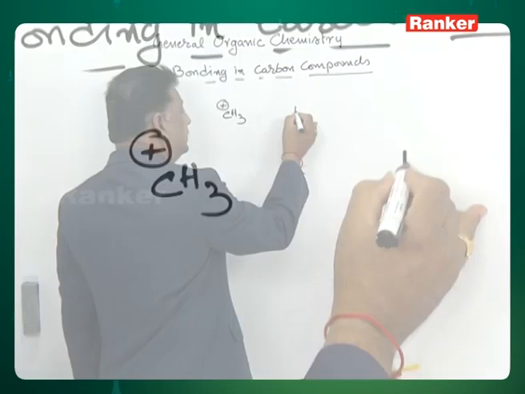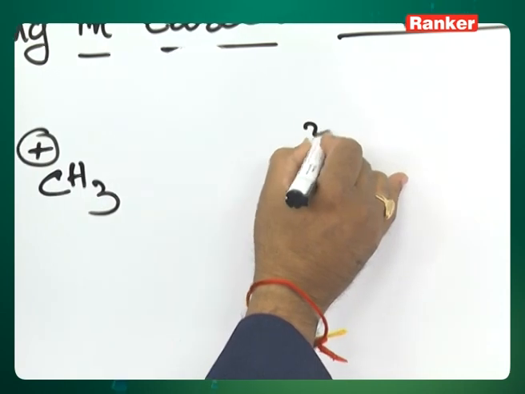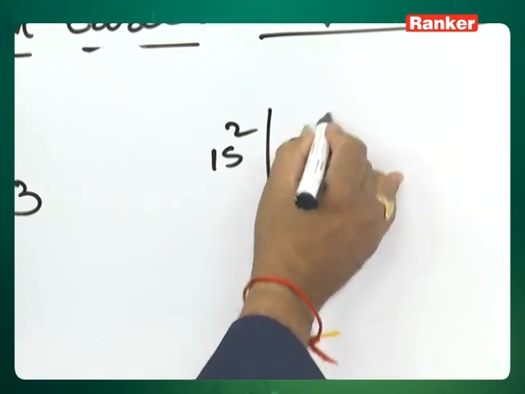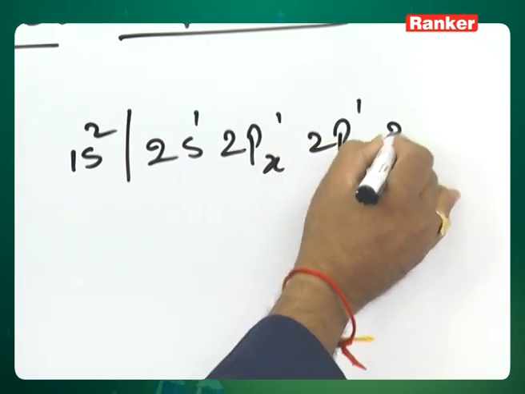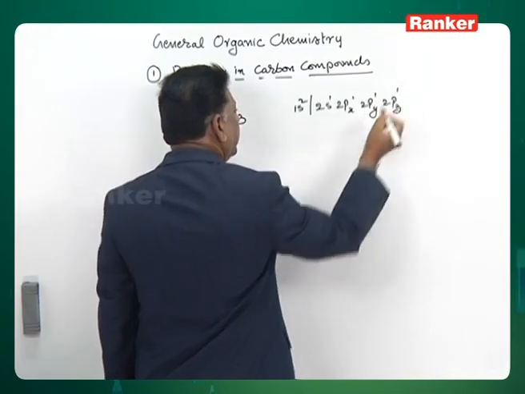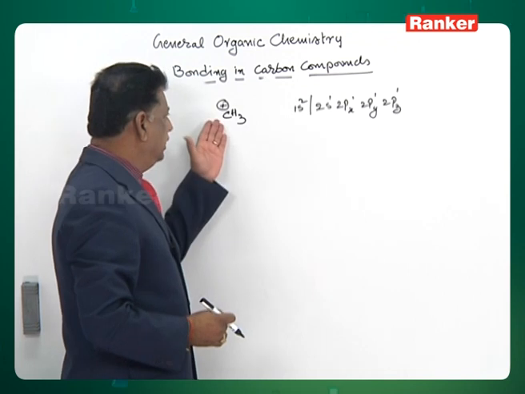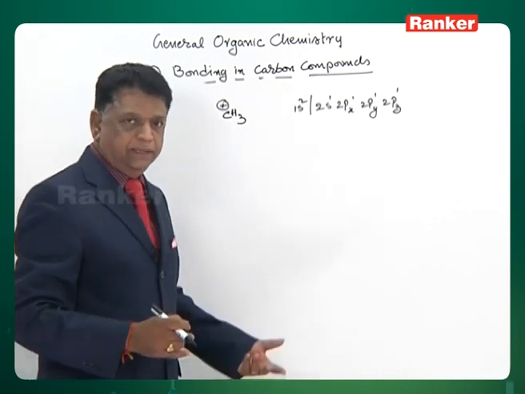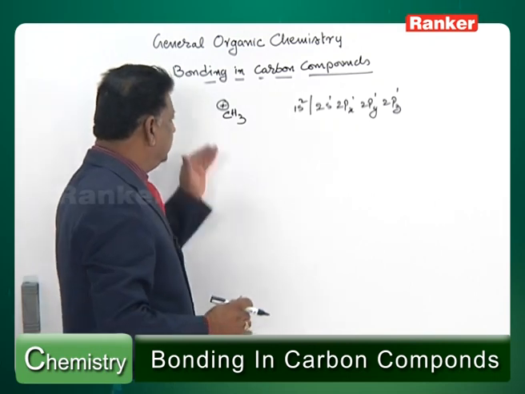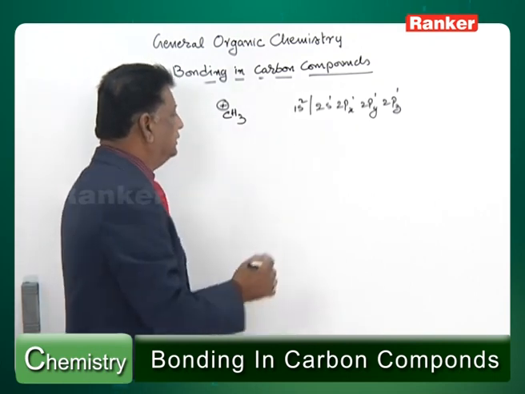Now, its excited state electronic configuration is 1s2, 2s1, 2px1, 2py1, 2pz1, right. Now, one theory is that it is making 3 sigma bonds, therefore sp2 hybridization, that is also right. But let us see what happened in this situation.